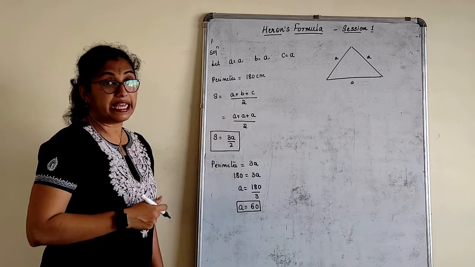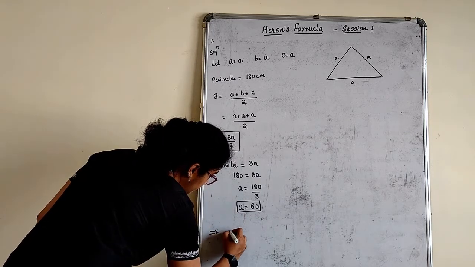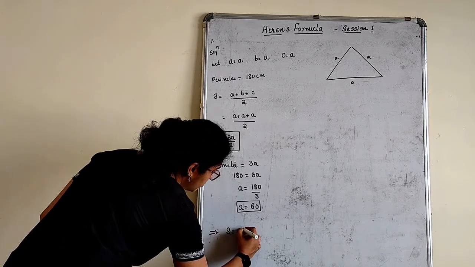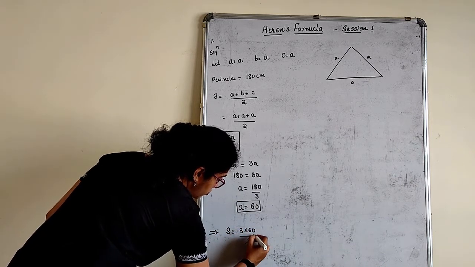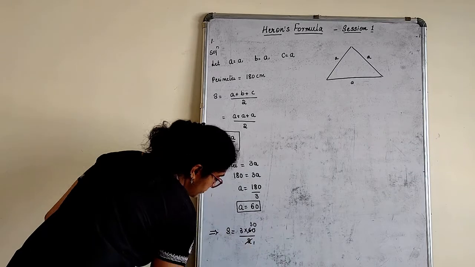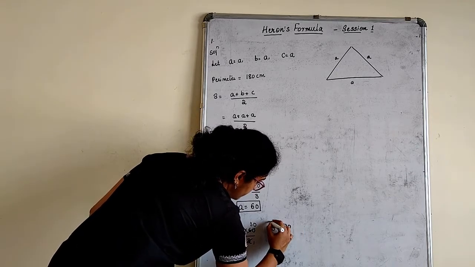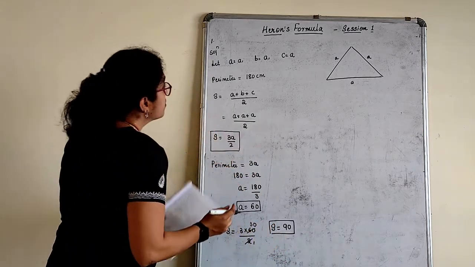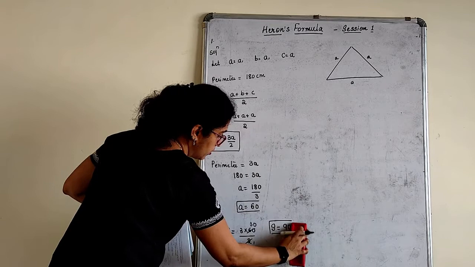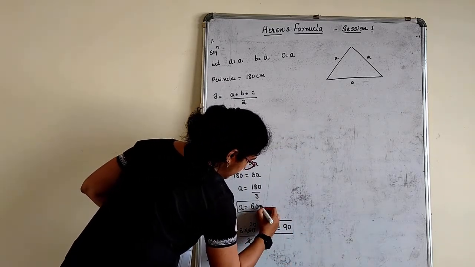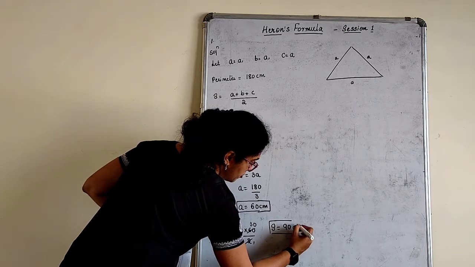I know what a is now. I can substitute here. This implies s is equal to 3 into 60 by 2. 2 ones are, 2 threes are. So s is equal to 90. Okay. Here I will write a is equal to 60 centimeter. Unit is more important.